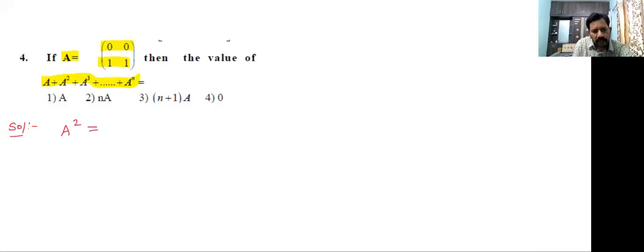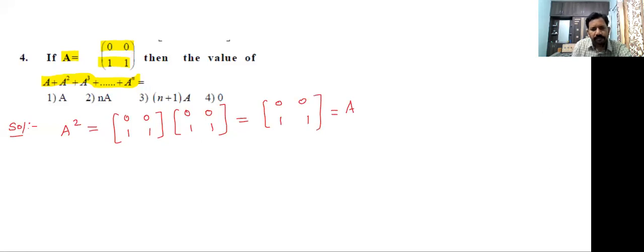A square means A into A: 0 0, 1 1 multiplied by 0 0, 1 1. First row 0, second row also 0, next 1, this is also 1. A square value, we are getting A only.